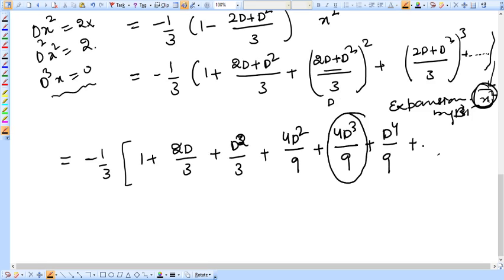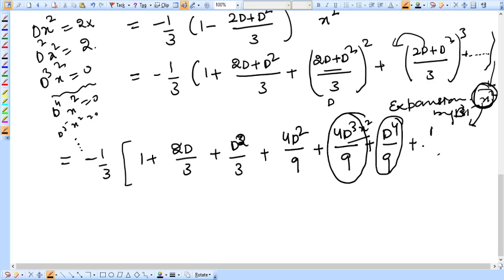Because when you take x square inside, D cube x square would be 0 obviously. Also D4 x square would be 0, D5 x square would be 0. All the higher differentiations of x square would be 0. So we are not going to write these, because for these the differentiation is equal to 0. You see here also, the minimum degree of D in this term would be 3. It would be 8D cube divided by 27. This is the minimum degree, the minimum order of this term.